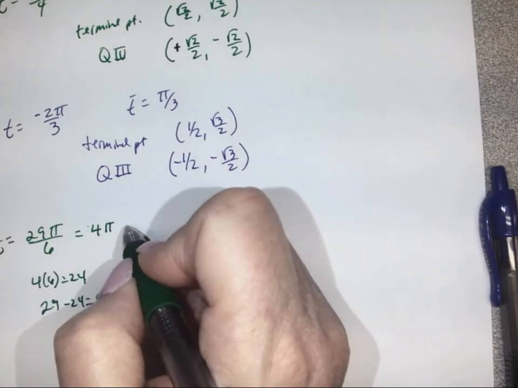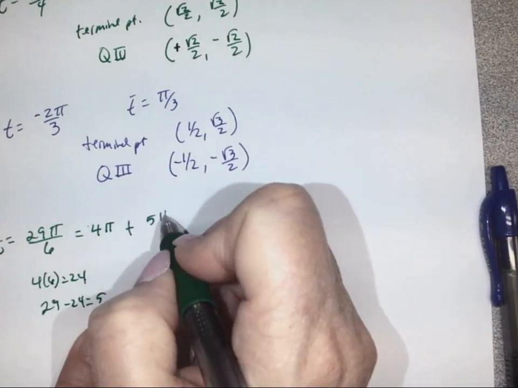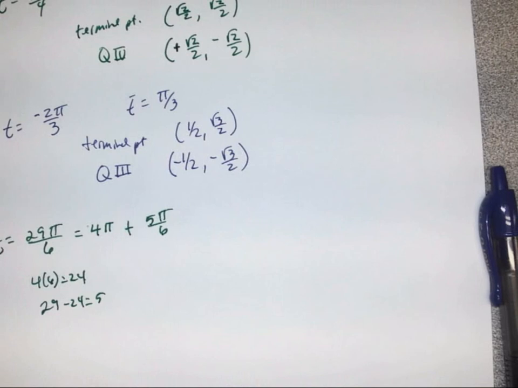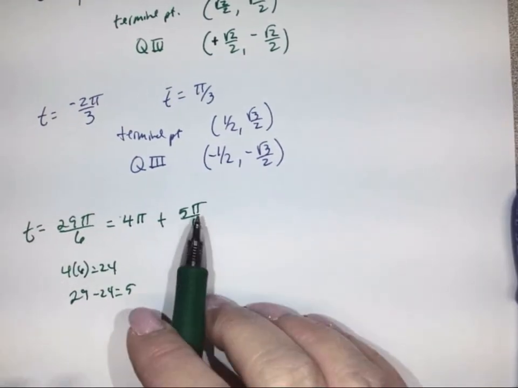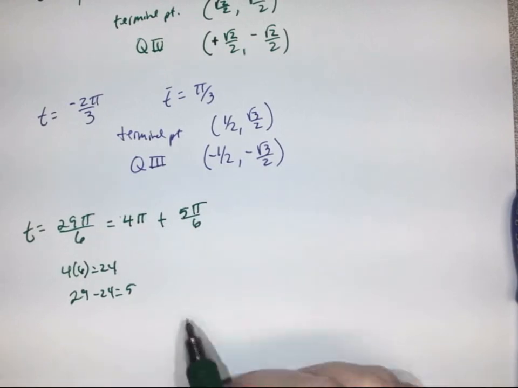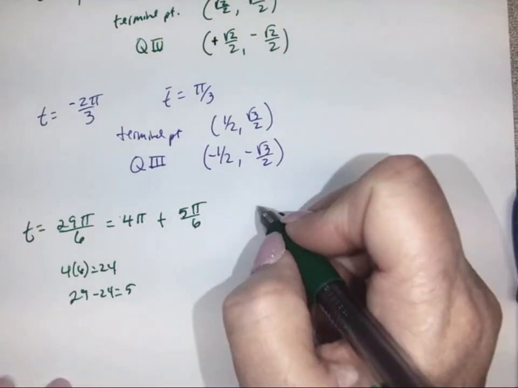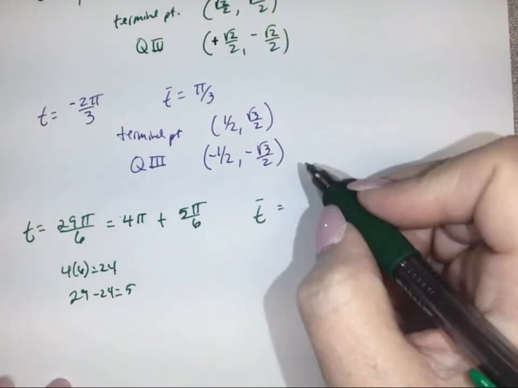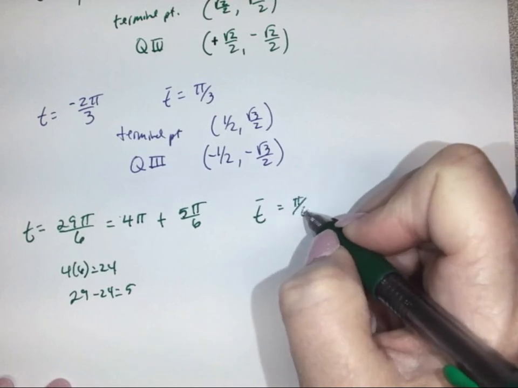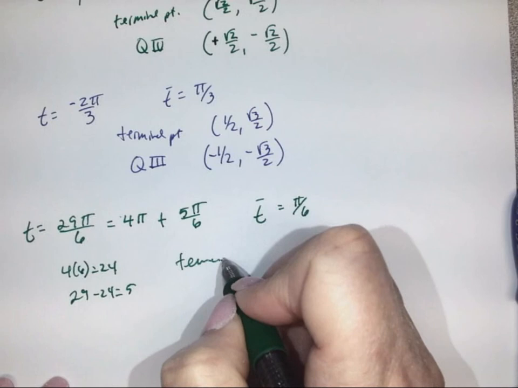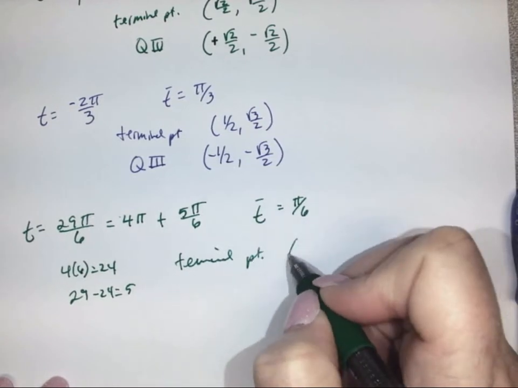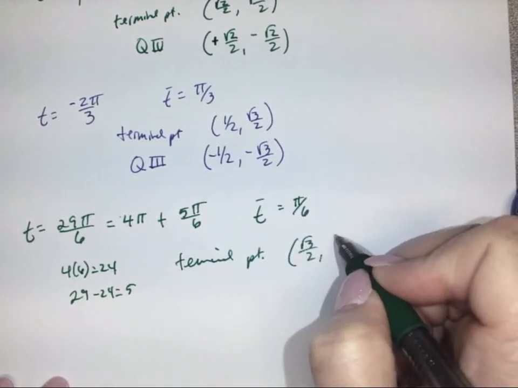So it's twice around plus the 5 pi over 6, because that's what would be left over. We'll go around twice and then we'll land at 5 pi over 6. So our t bar is just like at the top, pi over 6. So the terminal point is going to be the square root of 3 over 2 and 1/2.